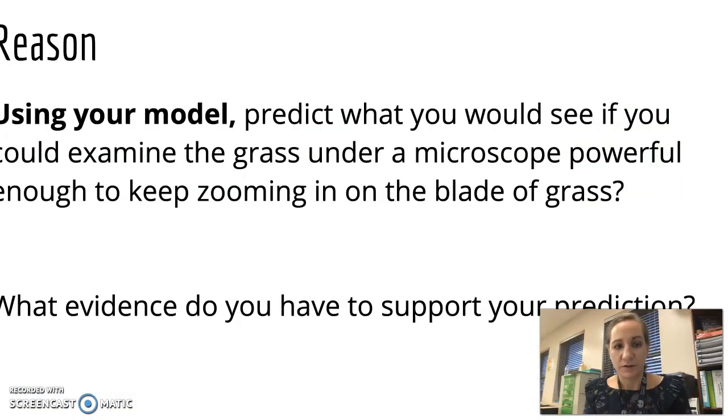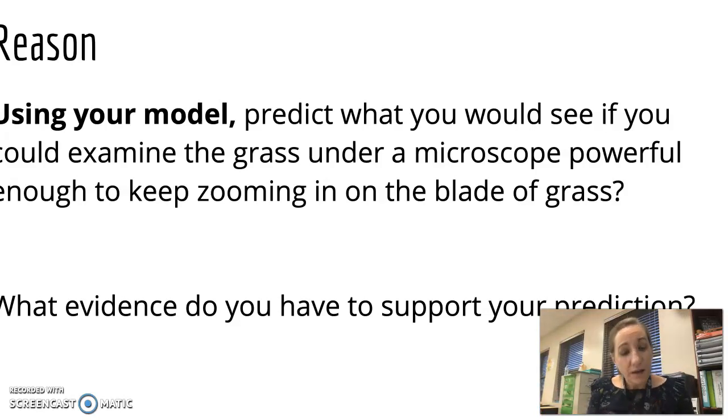Now I want you, from what you saw in the 3 previous pictures, to predict. What do you think you'll see if you could examine the grass under a microscope powerful enough to keep zooming in on the blade of grass? For this, I just want you to think. What do you think you would see under a microscope?